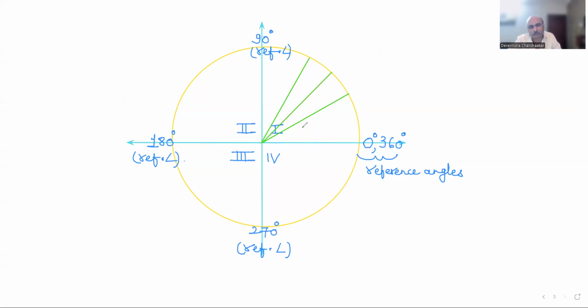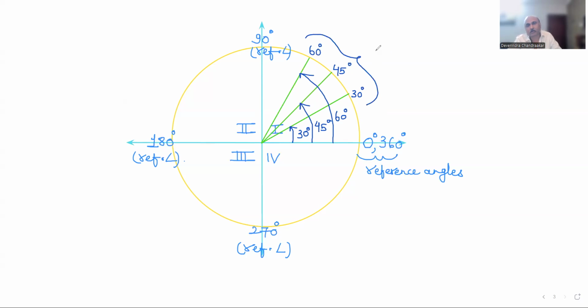These angles are 30 degrees for the first quadrant, right? This is 45 degrees and this is 60 degrees. So 30, 45 and 60 degrees.